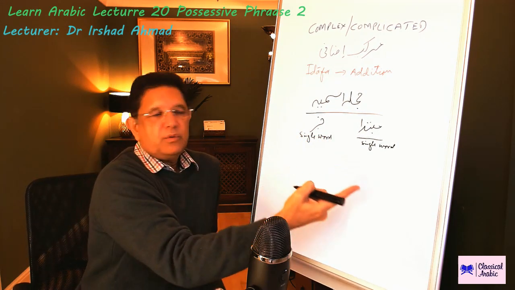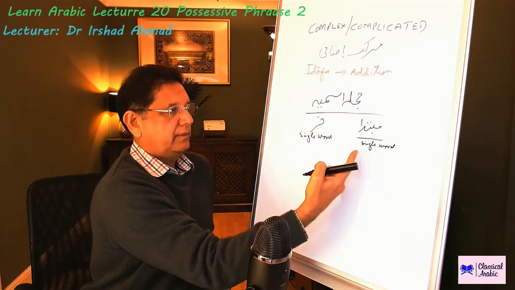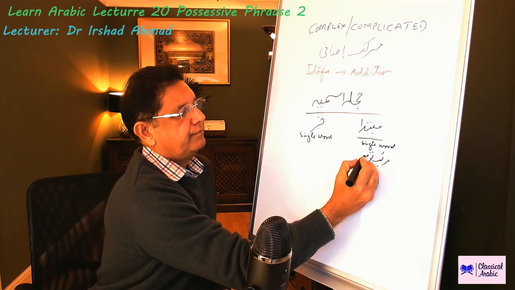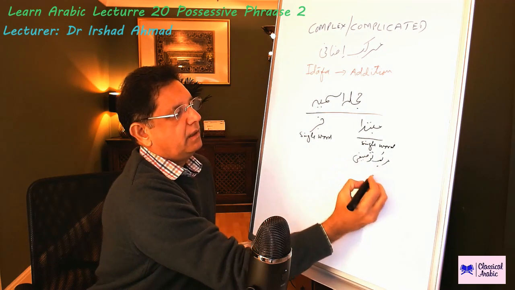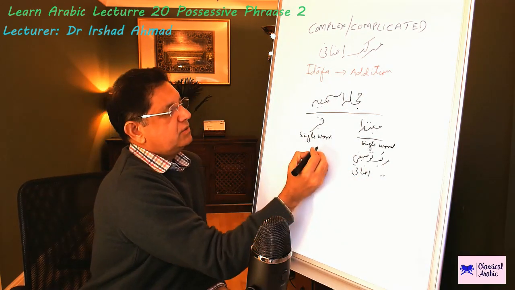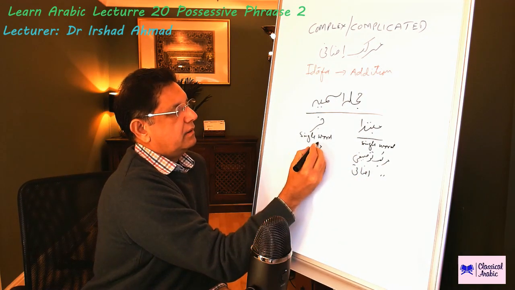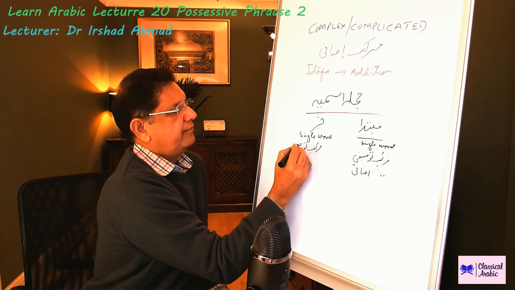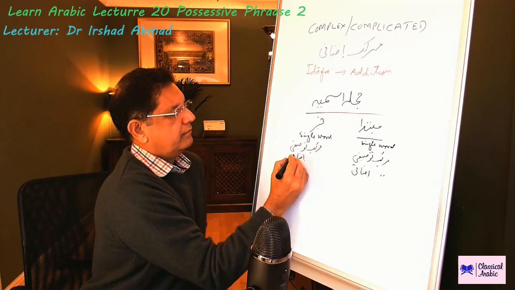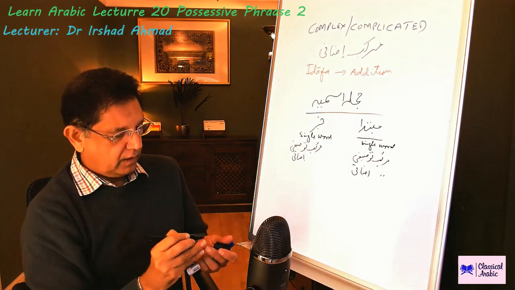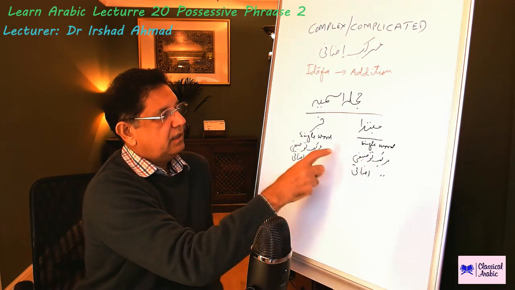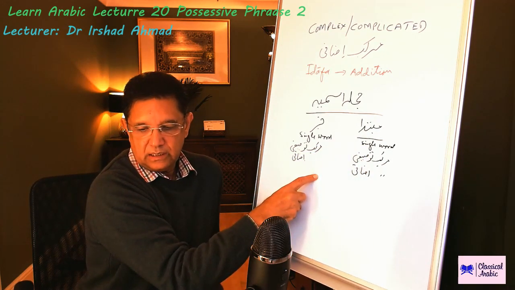But then Mubtada could easily be a Murakkab. So it could be Murakkab Tawsifi or Murakkab Idafi. Similarly, Khabar could be Murakkab Tawsifi or Murakkab Idafi. So Mubtada could be a phrase, and Khabar may also be a phrase.